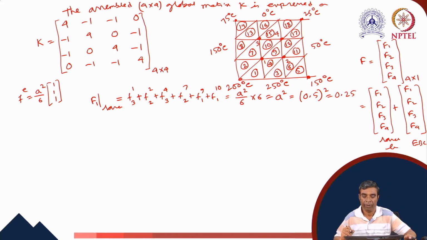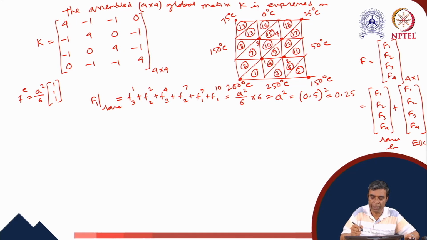Now all these components F2, F3 and F4 have similar contributions from the source term from the neighboring elements. It means that for each of these F2, F3 and F4, we get 6 contributions from the 6 containing elements, and the value of this contribution is the same for every portion.